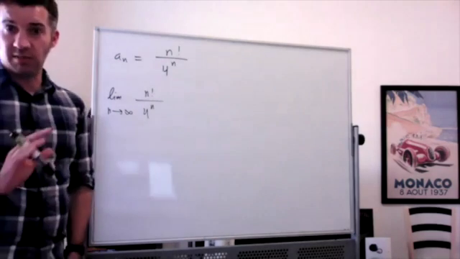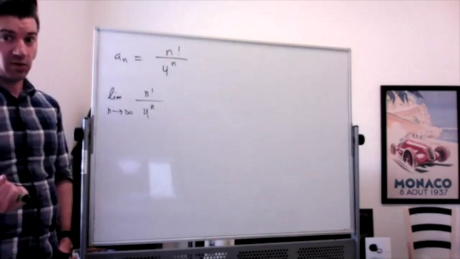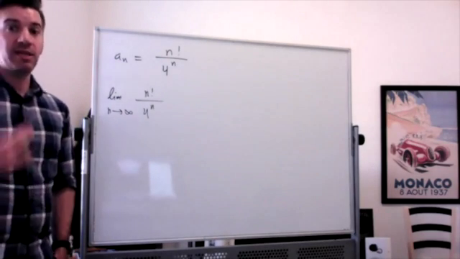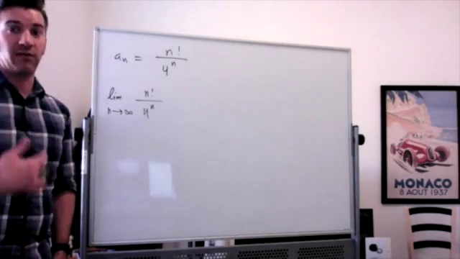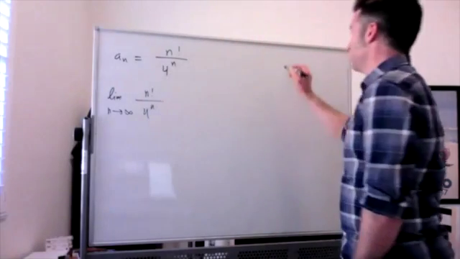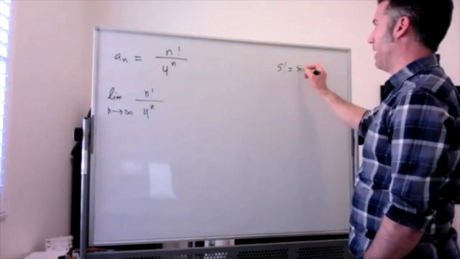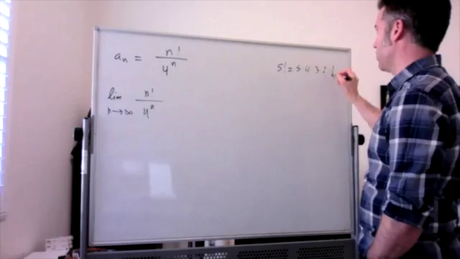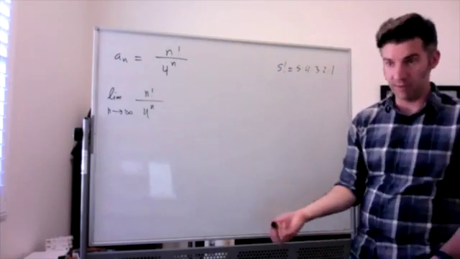I guess I should say, just to make sure everyone is clear, n factorial means n times n minus 1 times n minus 2 times every smaller integer until you get to 1. So for example, 5 factorial is just 5 times 4 times 3 times 2 times 1. That's what a factorial is, in case you haven't seen it before.